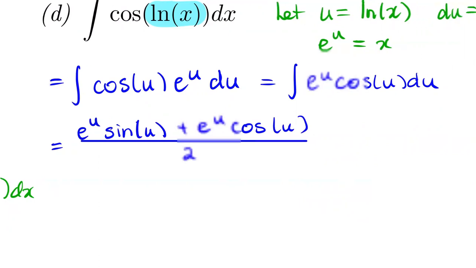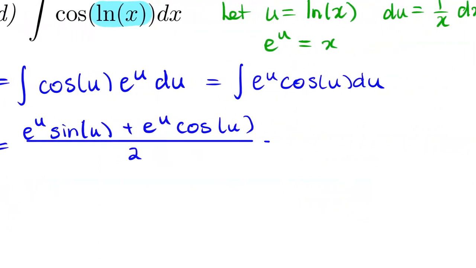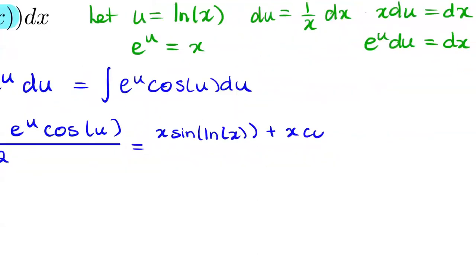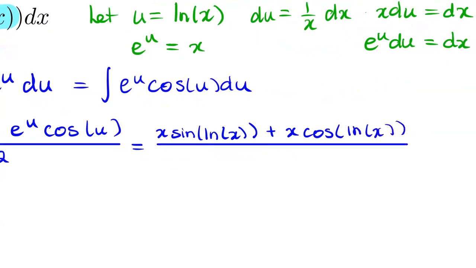And then once we undo the substitution, so we said that e to the power u is just going to equal x, let's go ahead and put that. So we have x sine ln of x, plus x cos ln of x, and all this is divided by 2.